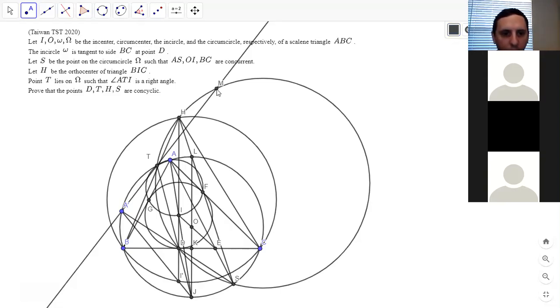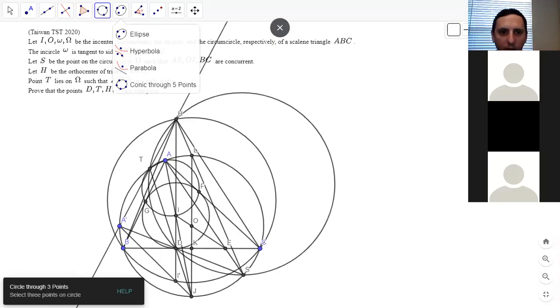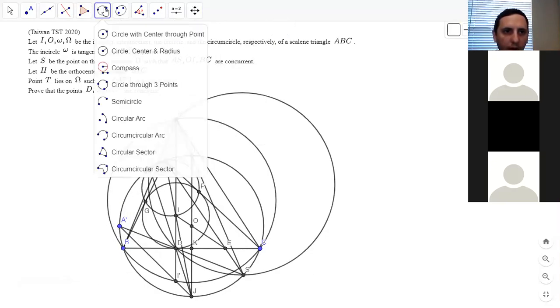We can try to show HAIS is cyclic. Interesting. I didn't think about that. Okay, I'm going to delete point M then. HAIS.